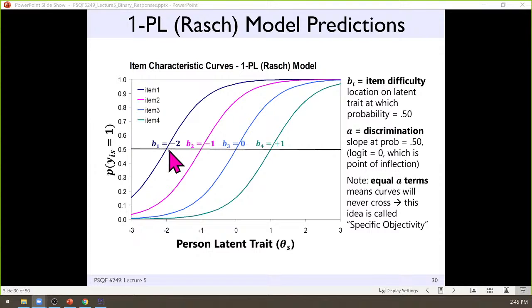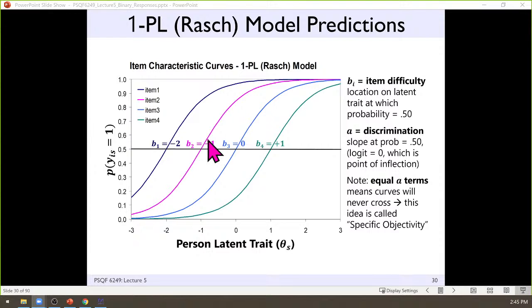So the point on each of these curves where the curve crosses a probability of 0.5, if we take that straight down to the x-axis, that is the item's difficulty level. So the location of item 1 here is -2. That means somebody with a theta of -2 has a 50-50 shot at getting this item right. And somebody, say, with a theta of -1 looks like to be about an 85% chance of getting it right, and so on.